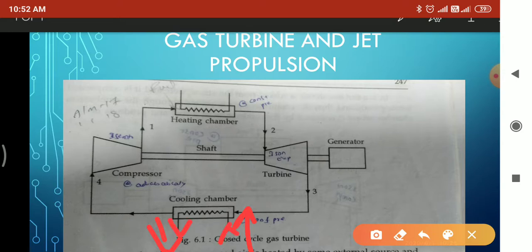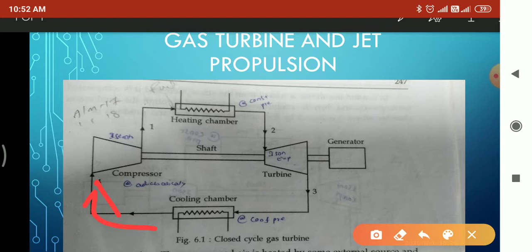When the gas passes through the cooling chamber, the heat transfers from hot gas to cool water, so the gas is cooled to the required temperature. After that, the gas is sent again to the compressor, and the cycle is repeated.